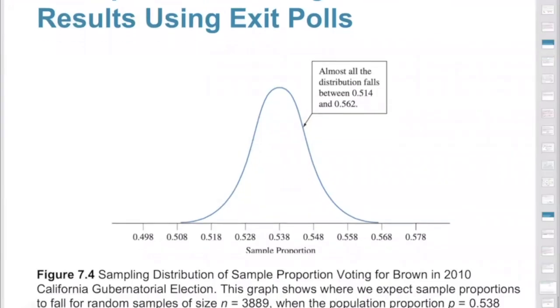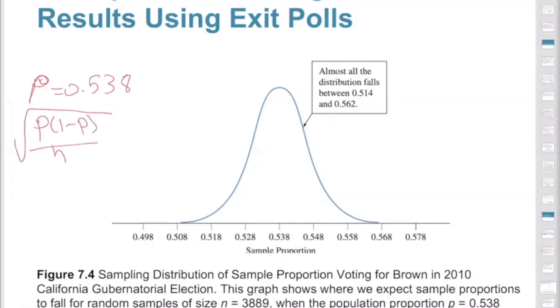So this is the distribution of the population proportion from the sample. After we find p equal to 0.538, of course you will calculate the standard deviation.